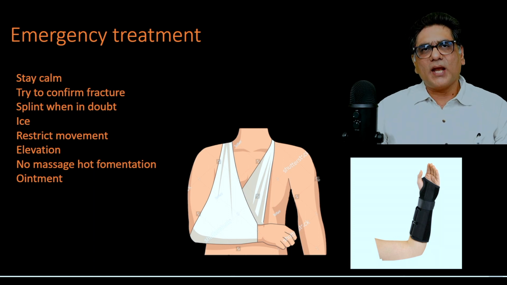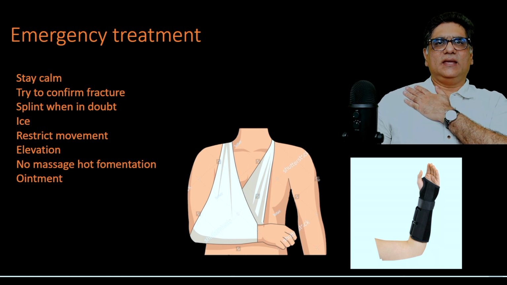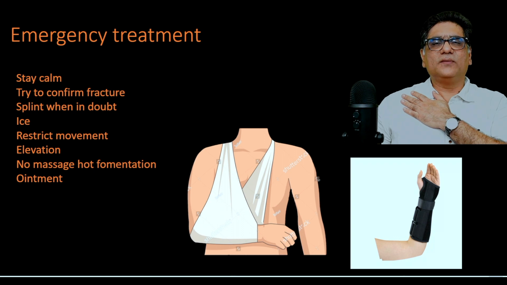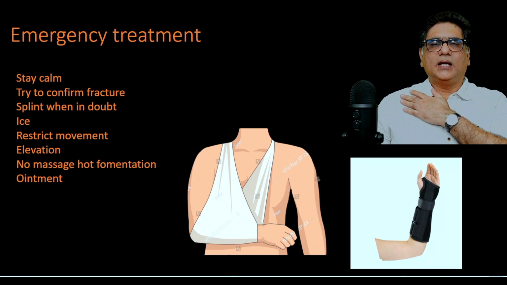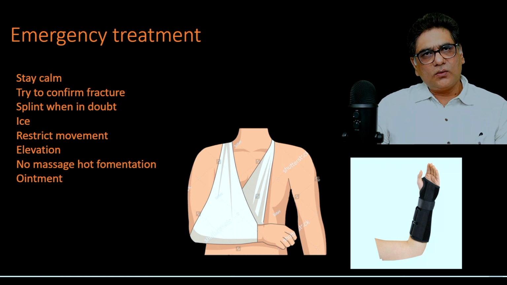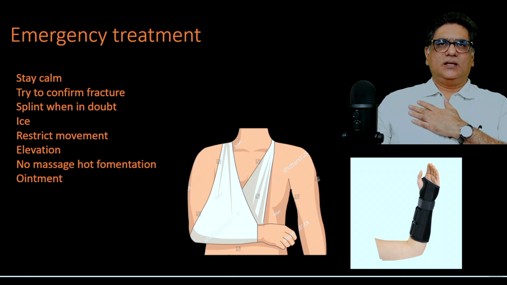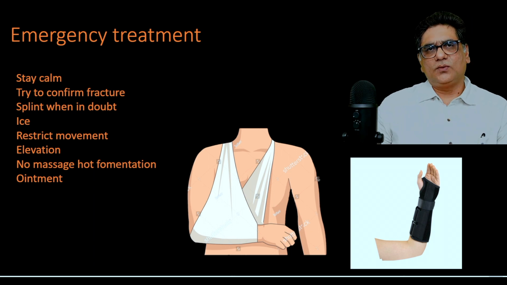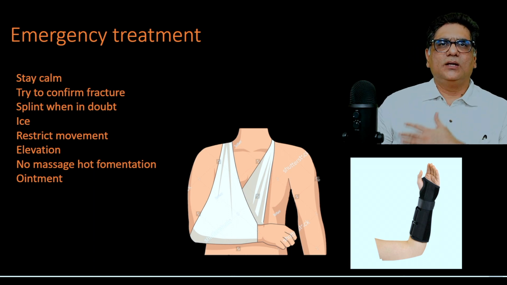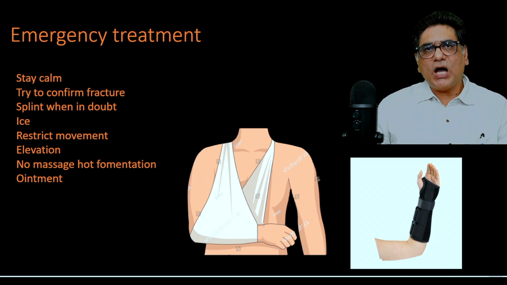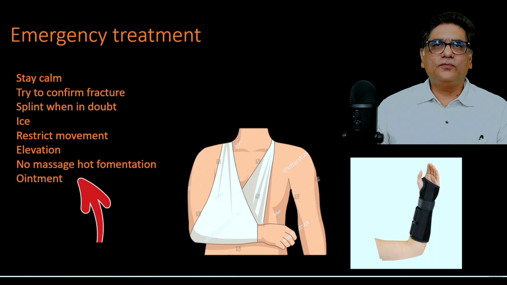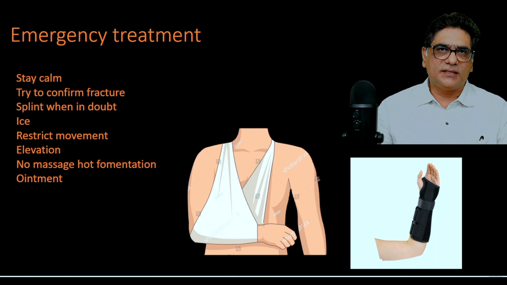Generally, this is not a good idea. Keep the arm elevated, that is, keeping it above the level of the heart. Now, if the patient is lying down, keep the arm on the chest, which is the simplest thing to do. And the other thing you can do is just keep the arm in a sling. What should be strictly avoided is applying hot fomentation and massaging the wrist.